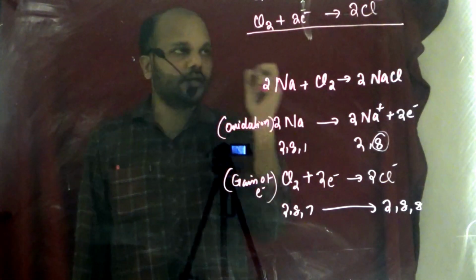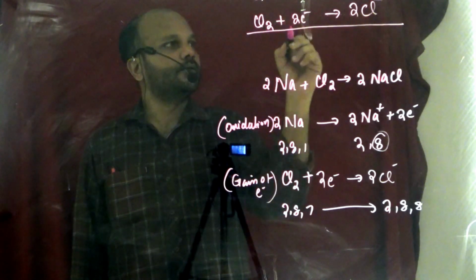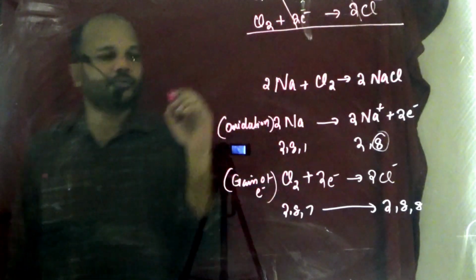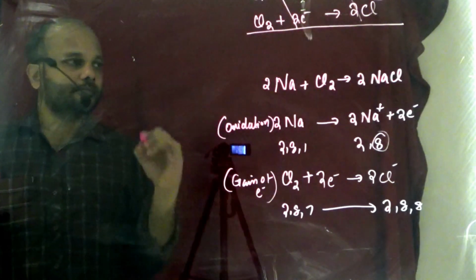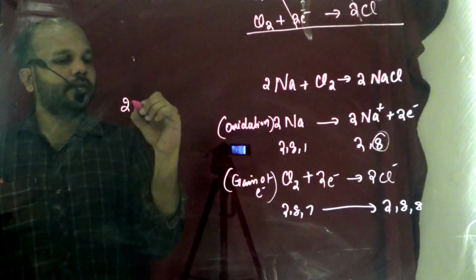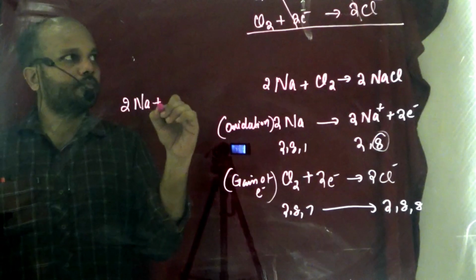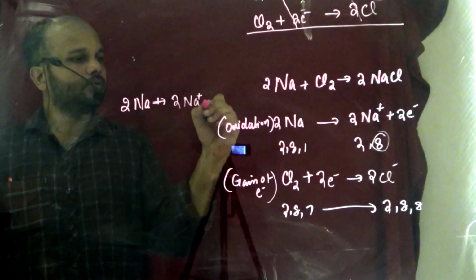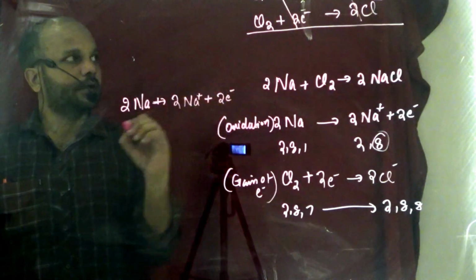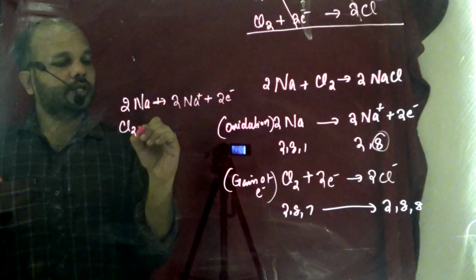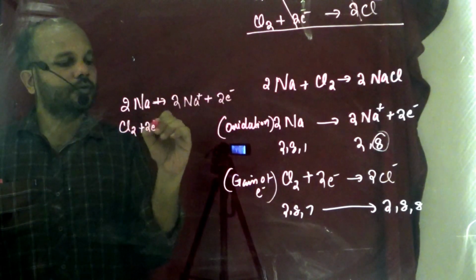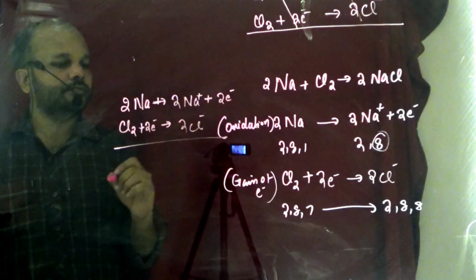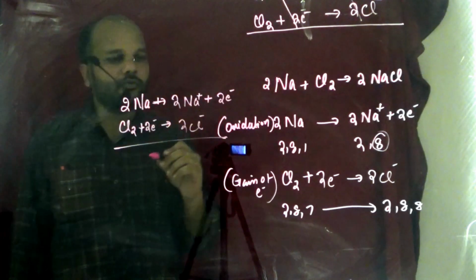Sorry, I will just write it here. That is better. So here it is 2Na gives 2Na+ plus 2 electrons, and here Cl2 plus 2 electrons gives 2Cl-. So we will see how we can cancel.